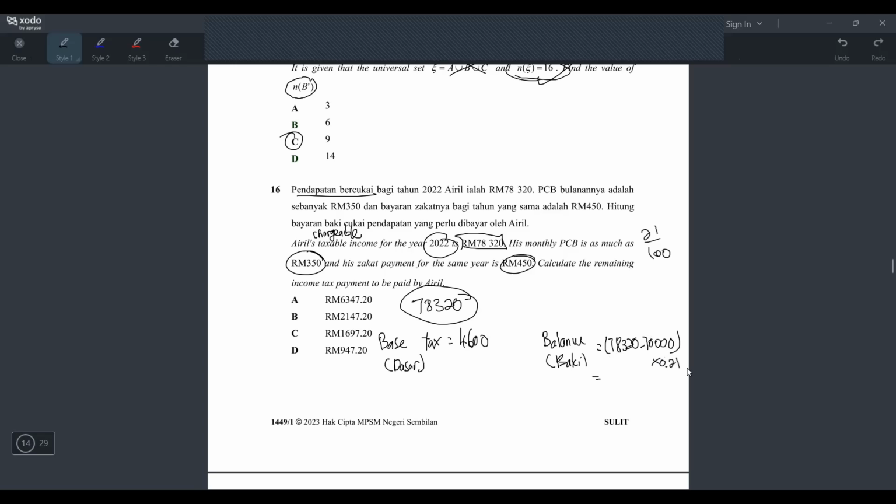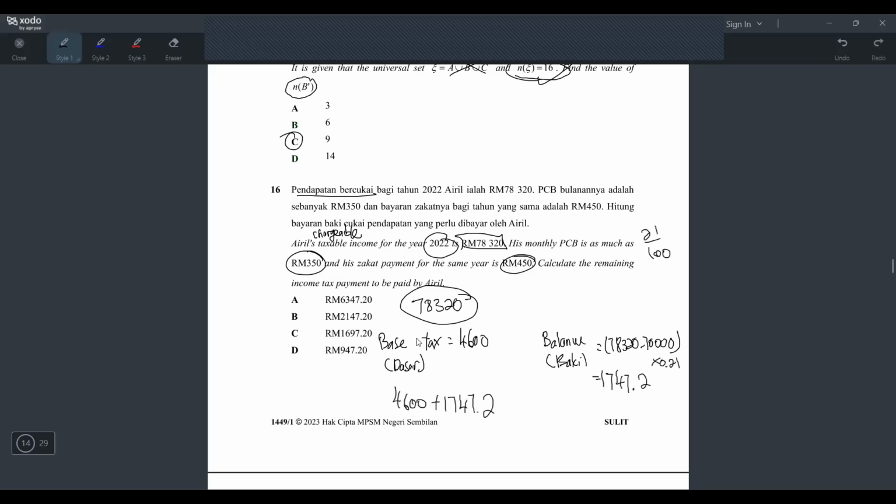Okay, wait. My calculator gives me 1747.2. Okay, so this is the cukai baki, right? So after this, you take this value plus this 4600 plus 1747.2. So when you plus them, you will get your income tax.